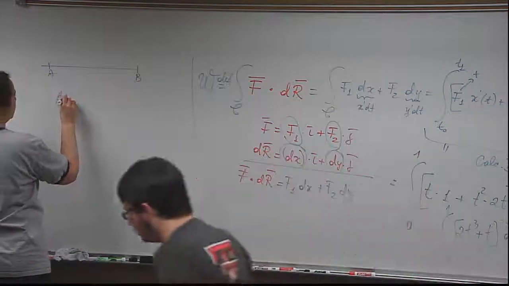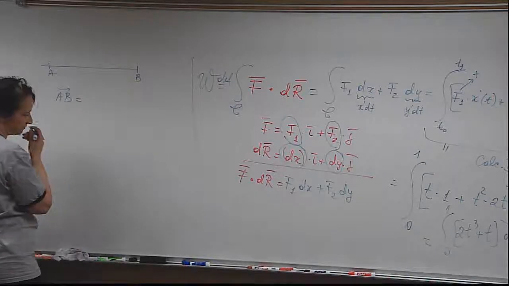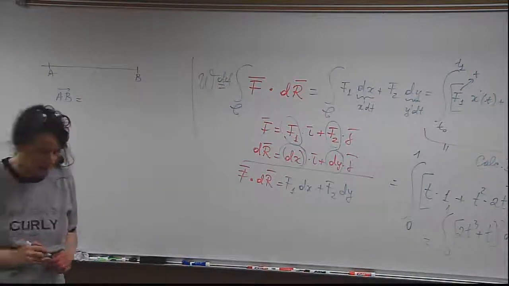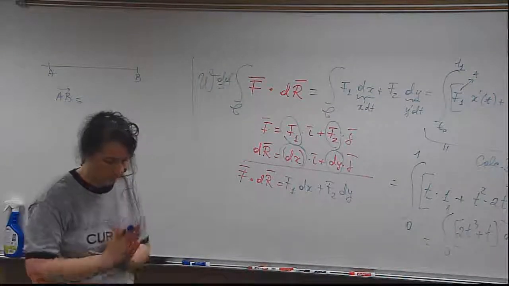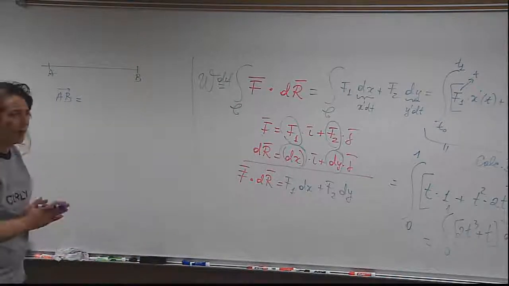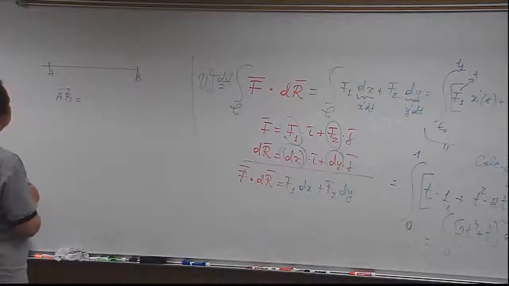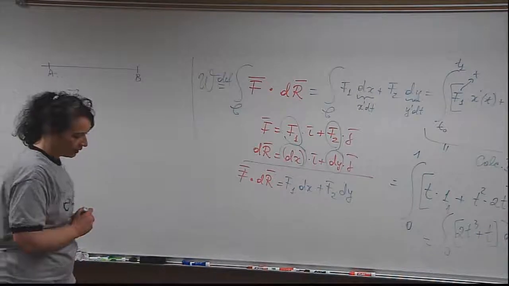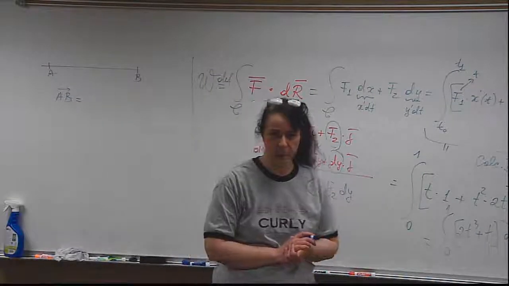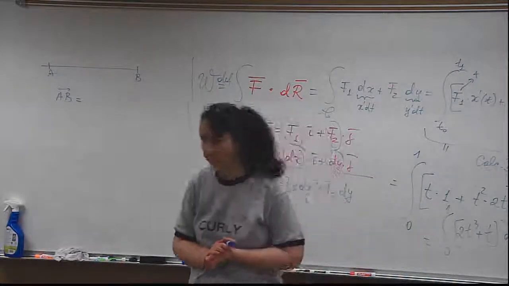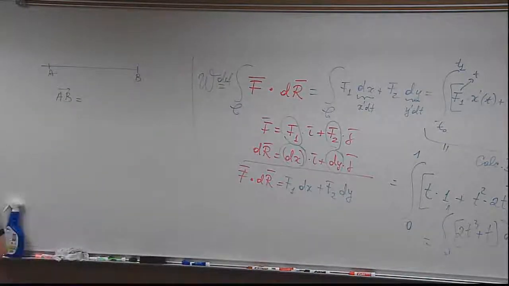A, B. What kind of expression do I have in place? I could have any line, but then if I have any line, I can pick my frame according to my preference, right?